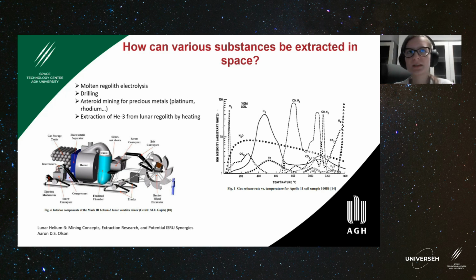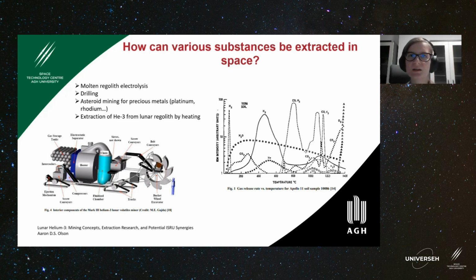There are ideas for asteroid mining for precious metals. There are also even ideas, some ideas are that they could be used there in space, some that they could be brought to Earth. And also a very, very precious gas is helium-3, and it could be extracted from lunar regolith.